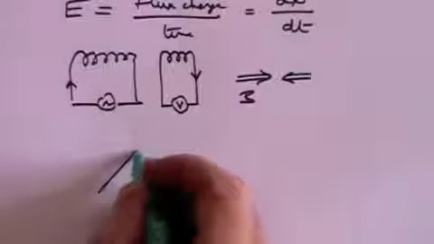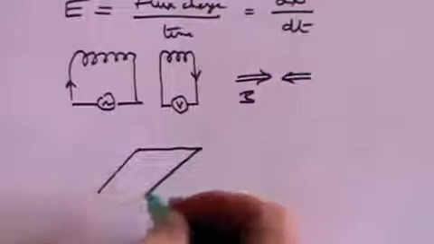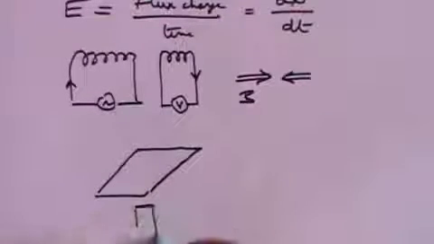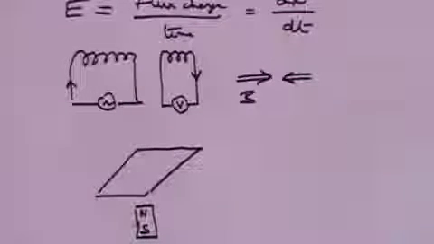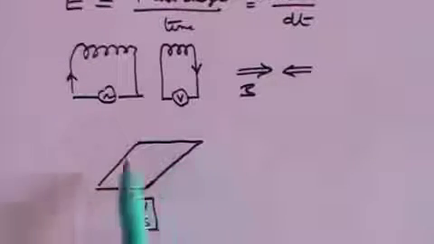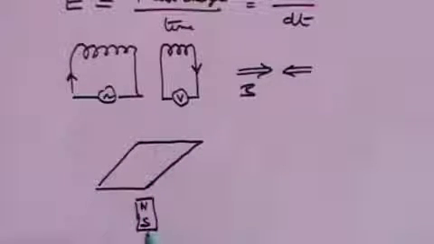Let's take a single coil of wire, rectangular in shape, and underneath it we have a magnet, north-south. If we just leave that magnet there, no current flows in this loop because there is no changing magnetic field.